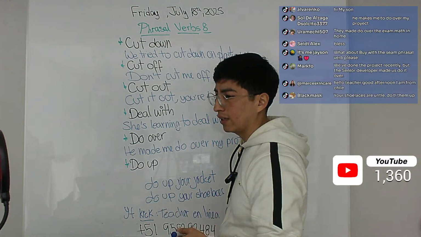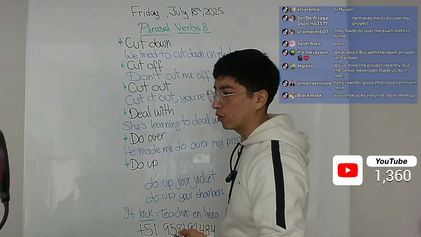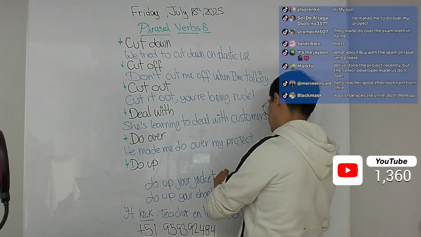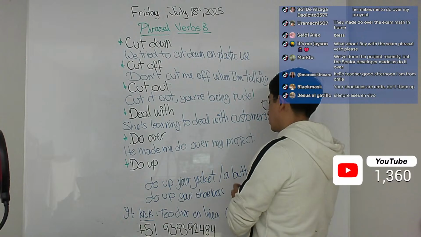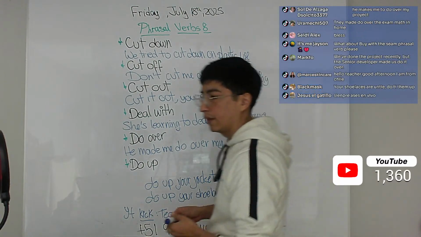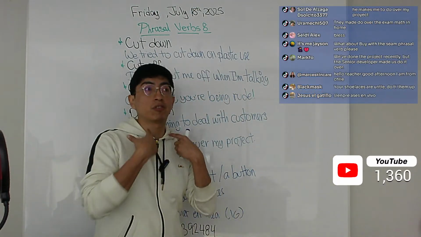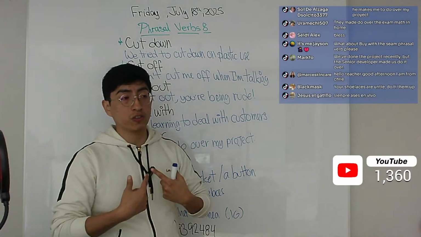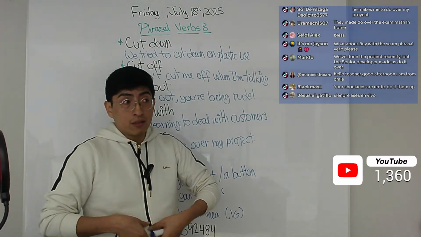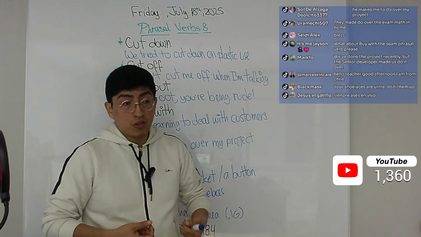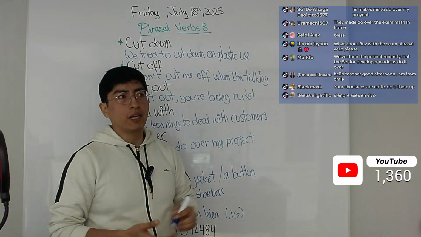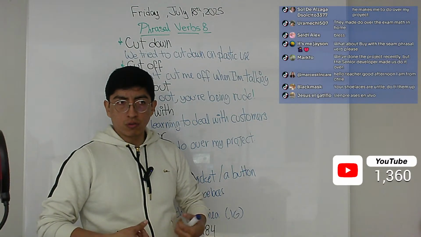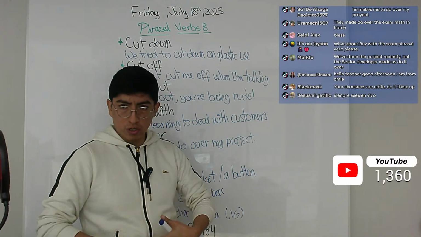What else? We can say, do up a button. When we have, for example, a shirt, and maybe one of the buttons is not in the correct place. In this case, we can say, hey, do up a button of your shirt.